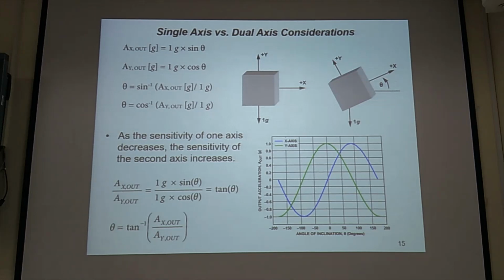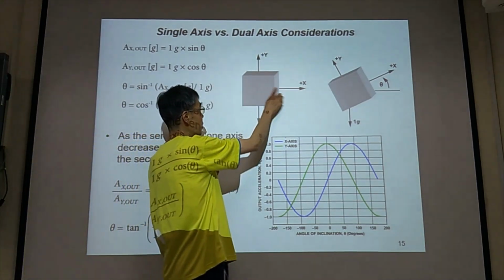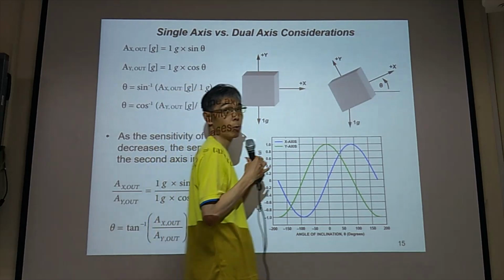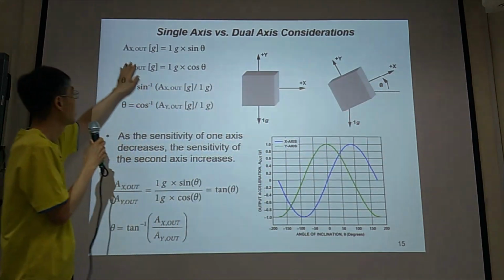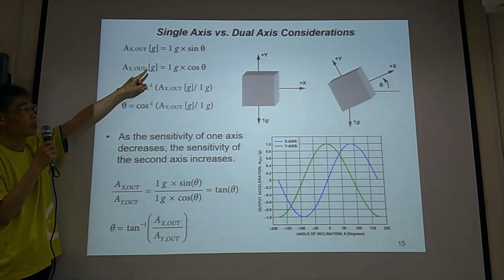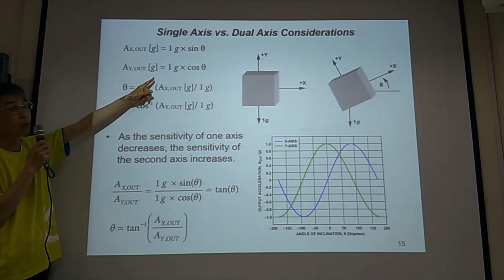But the ADXL203 accelerometer has two axes output, not only one axis. So we can take advantage of the two-axis output. Again, X and Y, this is G. We rotate by angle theta. Now AX output is 1G sine theta, but AY is 1G cosine theta.